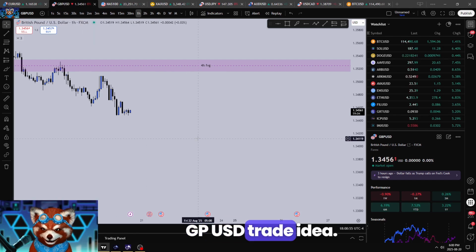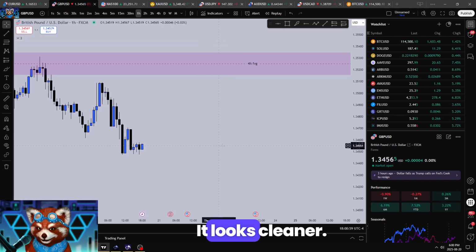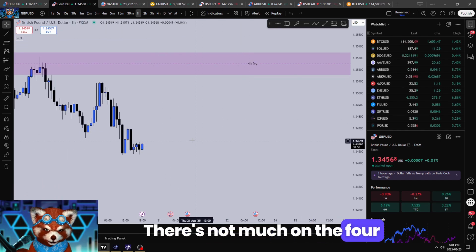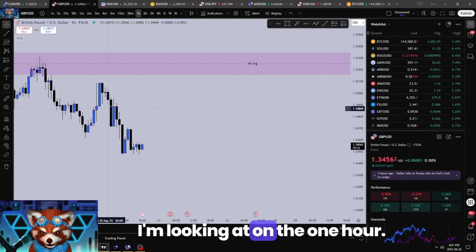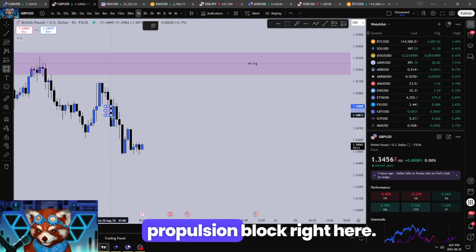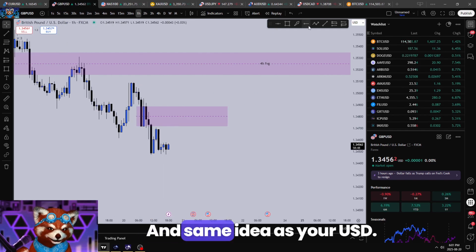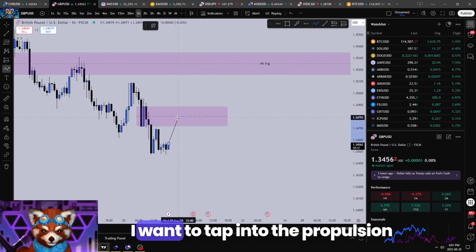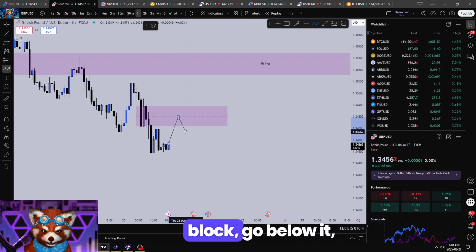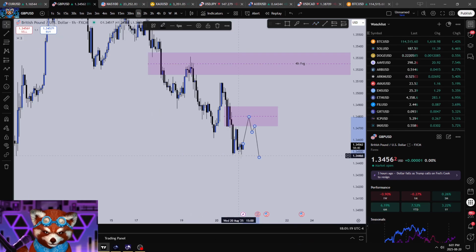Okay, simple, easy, nice. Similar thing on GU. GBP USD trade idea. We will be looking at the 1 hour. It looks cleaner. There's not much on the 4 hour, not many PD arrays that I'm looking at. On the 1 hour here, we have this propulsion block right here. And same idea as Euro USD. I want to tap into the propulsion block, go below it, retest it, and then go lower.